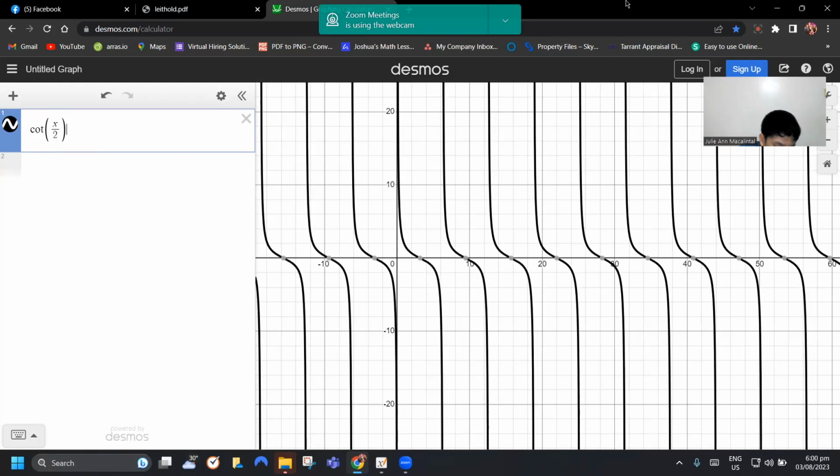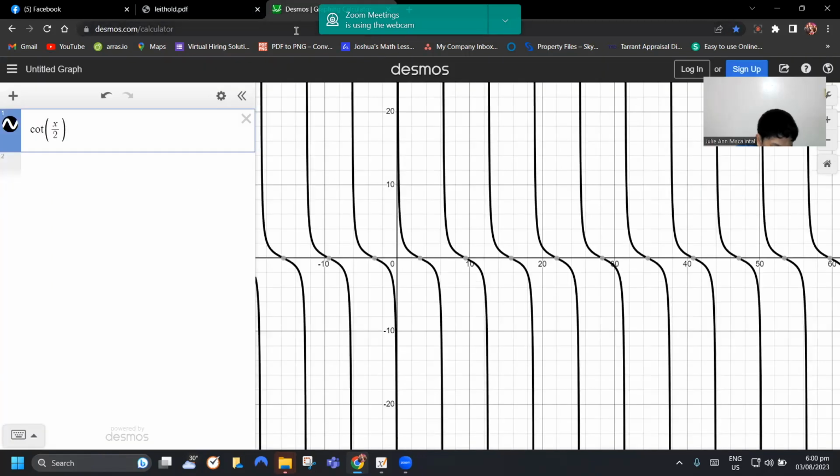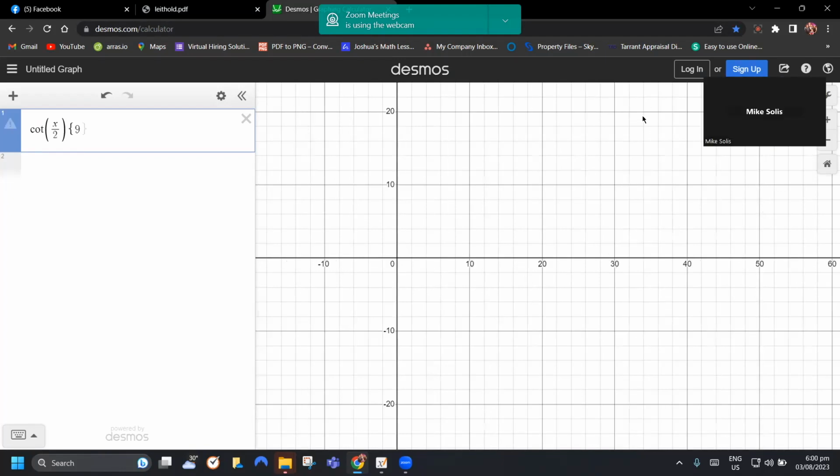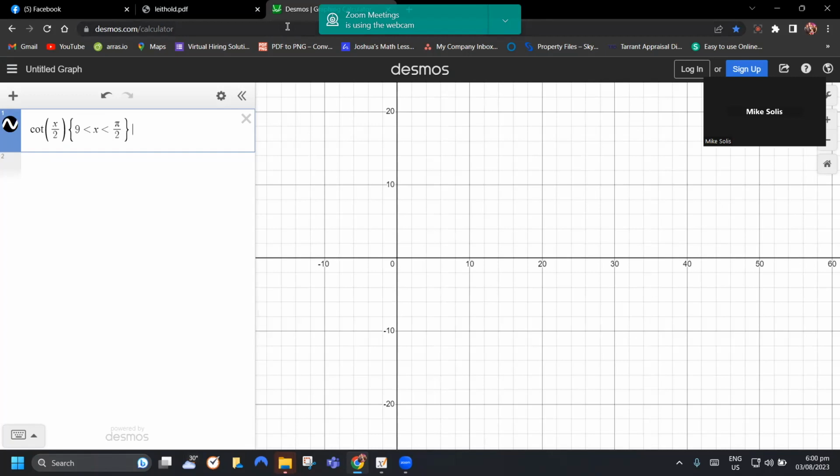Domain. Zero not included. Tingnan mo yung interval na sinetup mo.